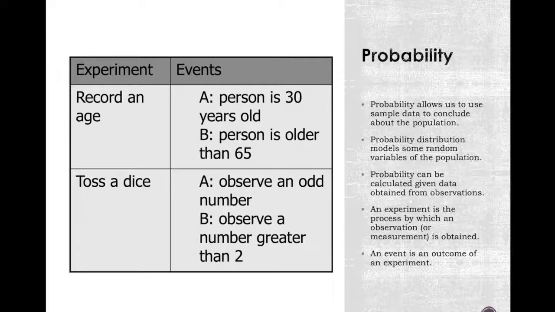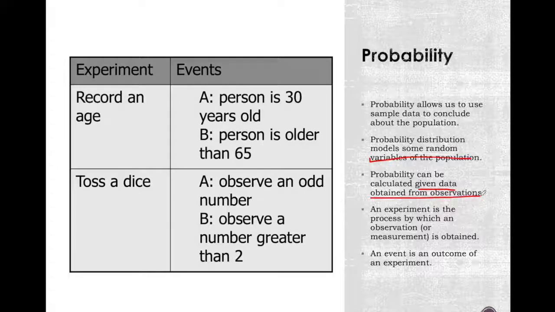Probability allows us to use the sample data to draw conclusions about the populations, and apart from that, probability distribution models some random variables of the populations. In conjunction with that, probability can be calculated given data obtained from the observations that were made.